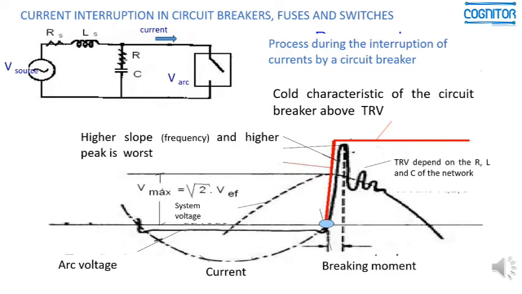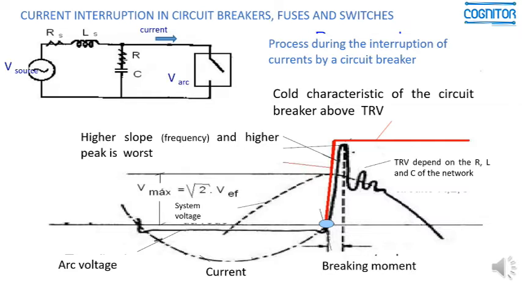If you look in the lower parts of the figure, you see one black line which represents the current, and this current is interrupted at the breaking moment where the voltage of the network, of the source, is passing approximately near the peak voltage of the source.